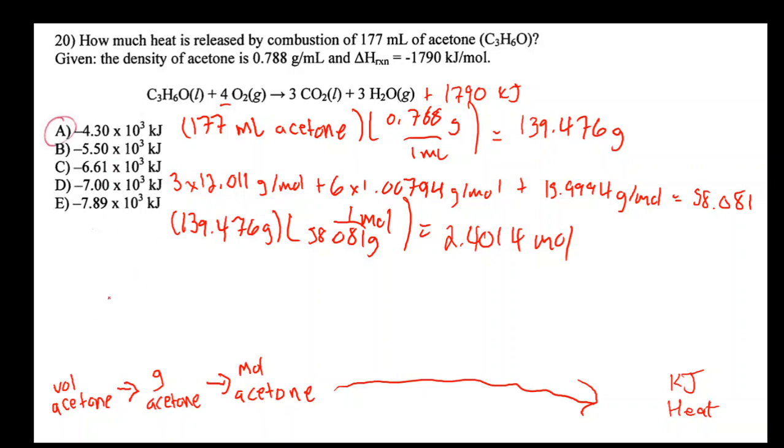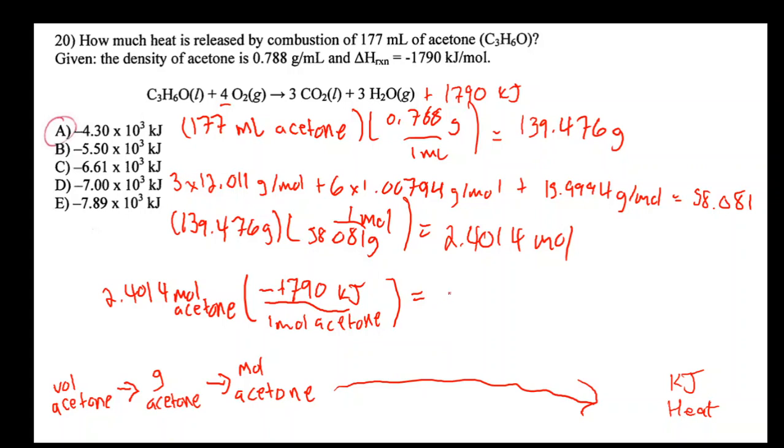So in this case, we figured out that we had 2.4014 moles of acetone. And according to our reaction stoichiometry, for every 1 mole of acetone, we generate negative, because it's exothermic, 1790 kilojoules of heat.